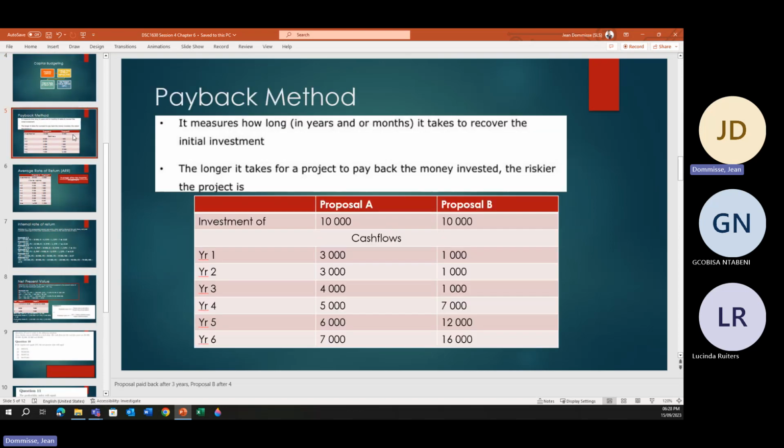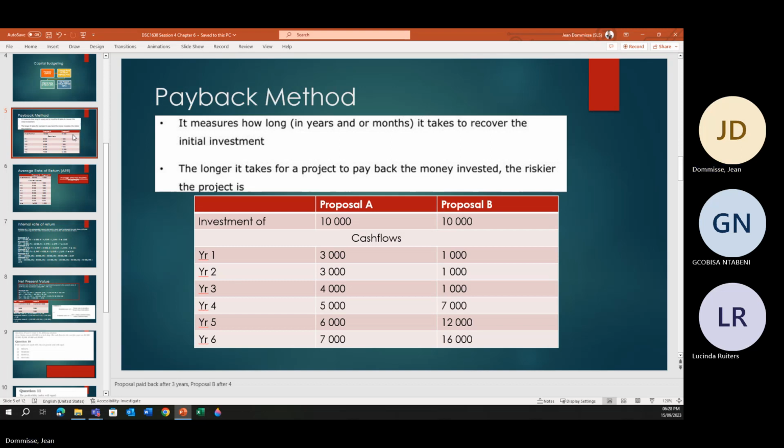So what your payback method says is that there's nearly two components that are important with that. So it measures how long it takes to recover the initial investment. And then obviously, the longer it takes, the riskier it is.